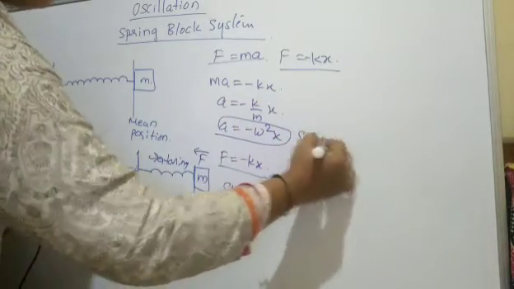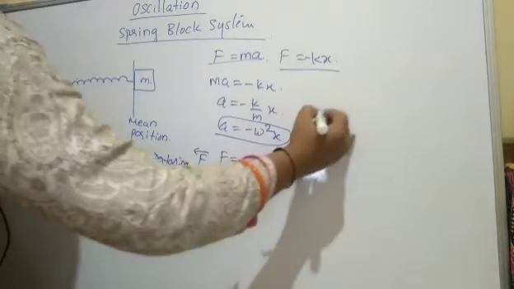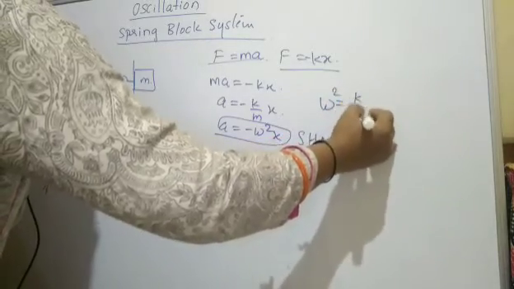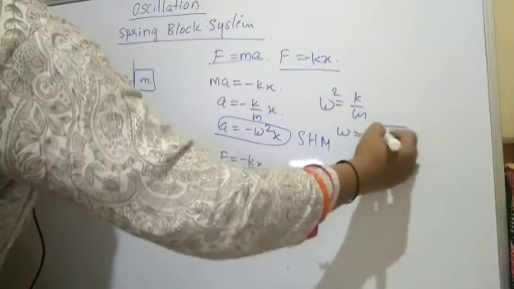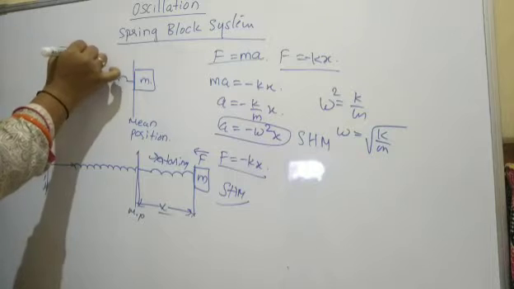So for the acceleration of a particle executing simple harmonic motion, we can write omega square is equal to k by m, so omega is equal to root of k by m. But angular frequency omega is also equal to 2 pi f.